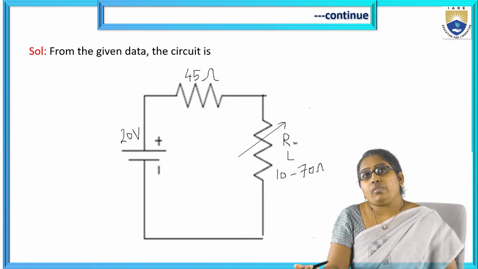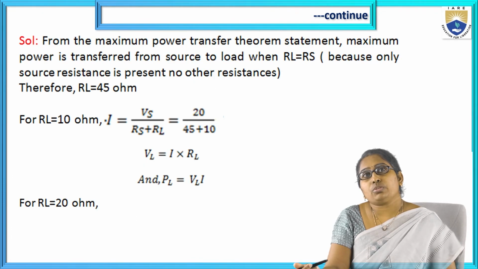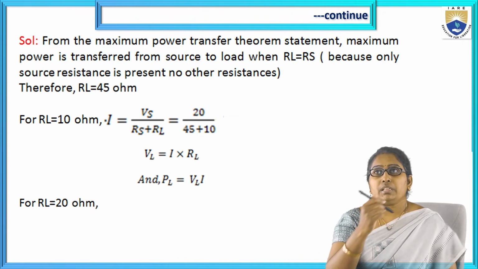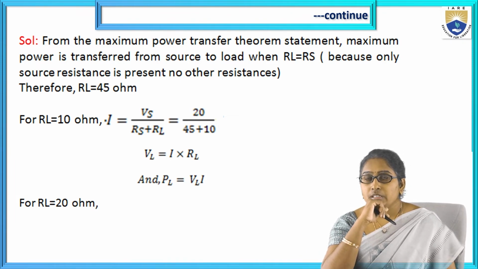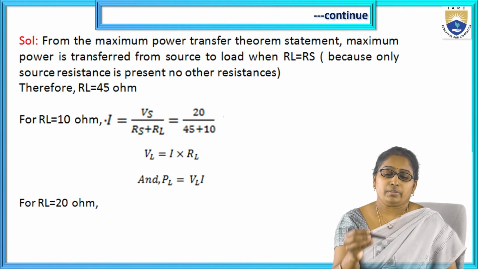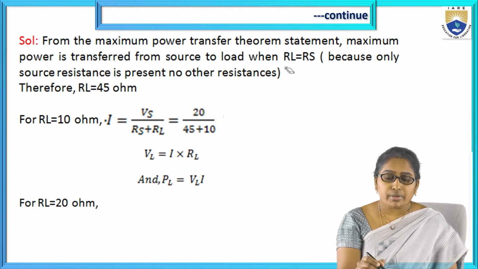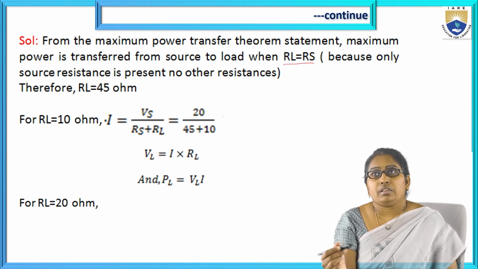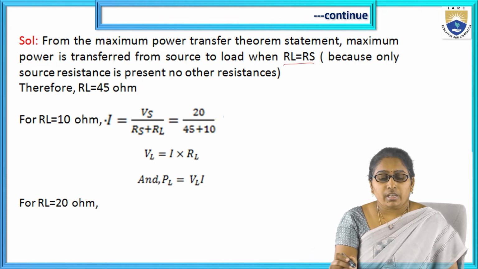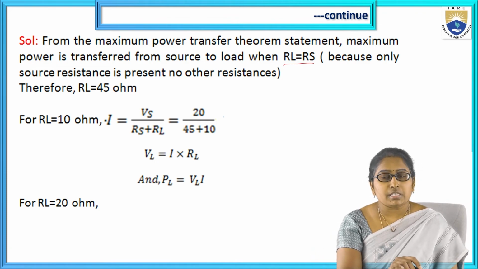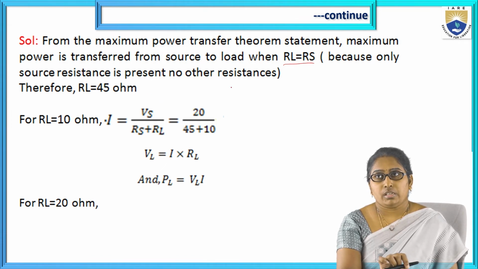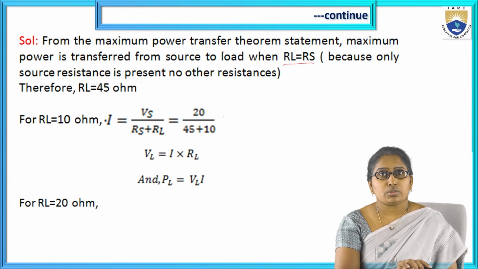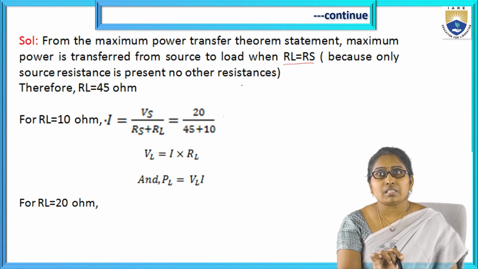Now, the first part of the given question. From the maximum power transfer theorem statement, maximum power is transferred from source to load when the load resistance value is equal to the source resistance. Because, as I already mentioned, only source resistance is present and no other resistance.